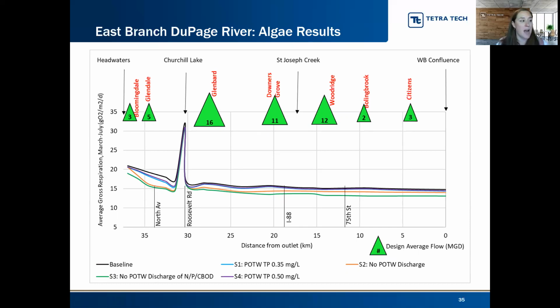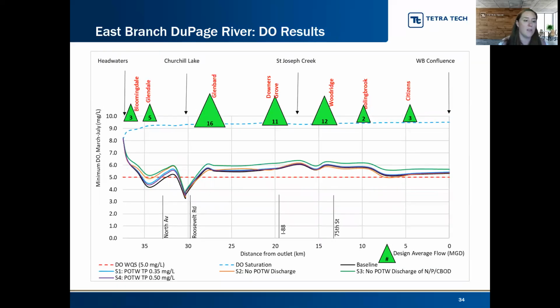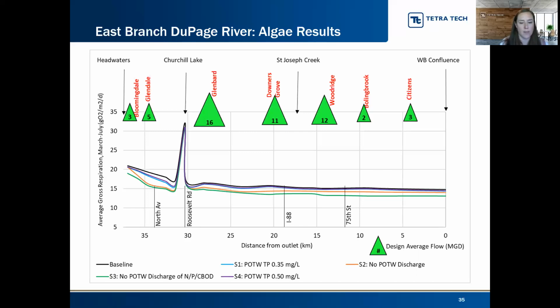We see very high respiration in the vicinity of Churchill Lake. So if there was an improvement to that area to restore the channel geometry, that would impact the algal concentrations that are possible, which would also impact the dissolved oxygen coming out of those algal kinetics.